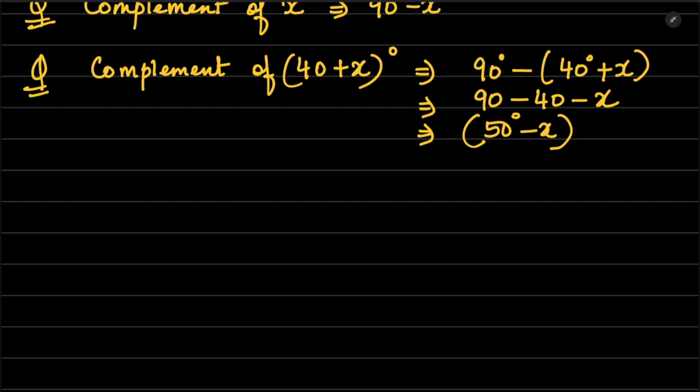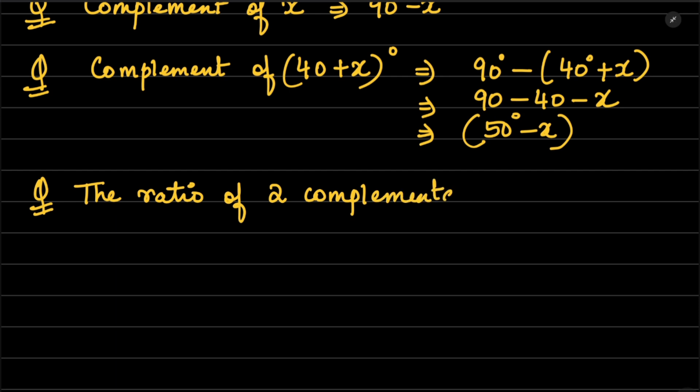Now the next question. The ratio of two complementary angles is 2:3. Find the angles.